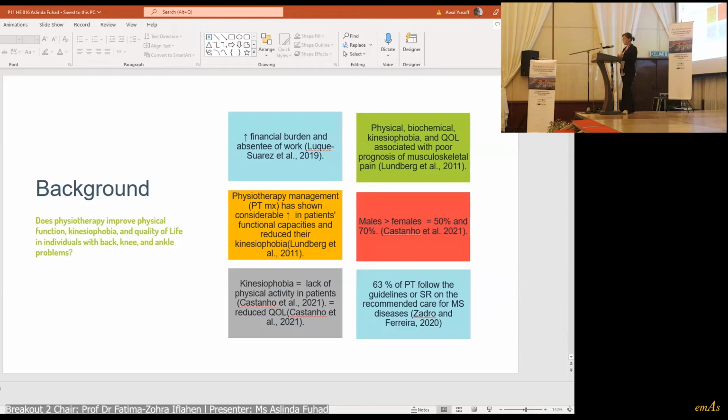Kinesiophobia and quality of life are also associated with poor prognosis of musculoskeletal pain. I believe Dr. Zarina already explained what musculoskeletal pain is, so I'll skip it.